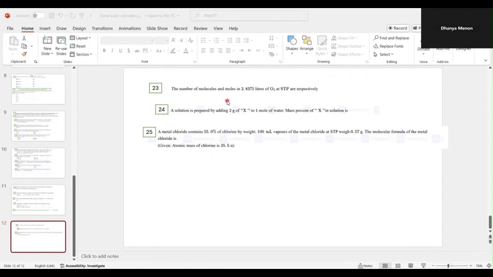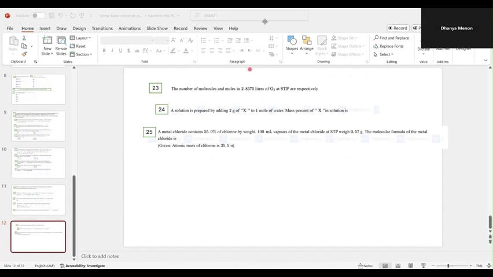So two things they have asked: the number of molecules and also the number of moles in 2.8375 liters of oxygen at STP. They have mentioned STP. So from this one piece of information given, they have asked you two things.